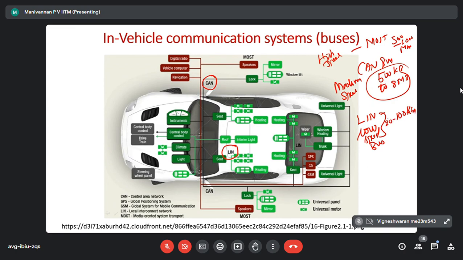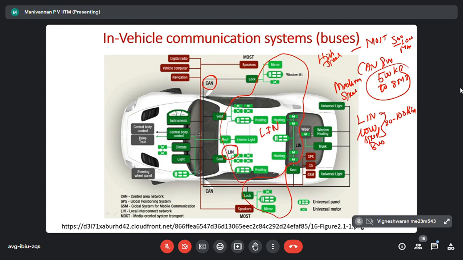Generally it works on this. This is used for connecting some devices. You can see the green color. The green one is used for connecting heating, lights, window, mirror, correct? All these things are connected by the LIN bus.